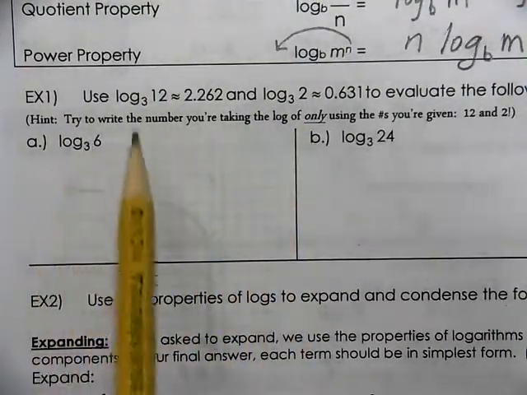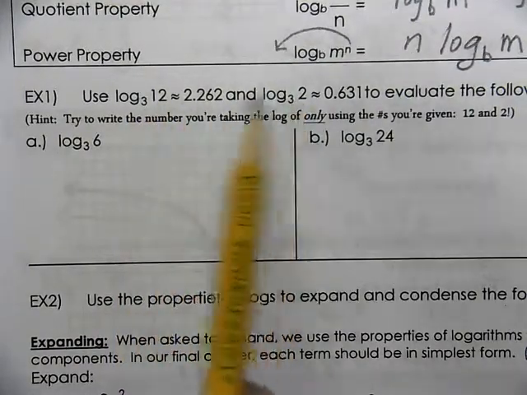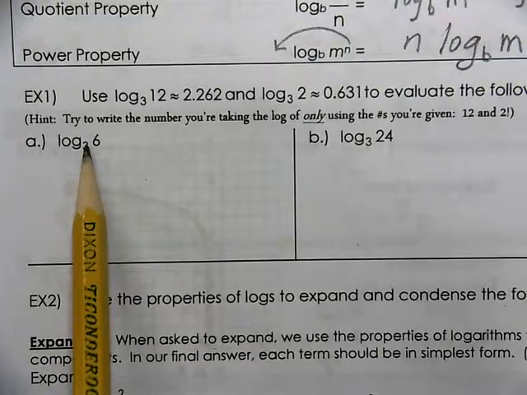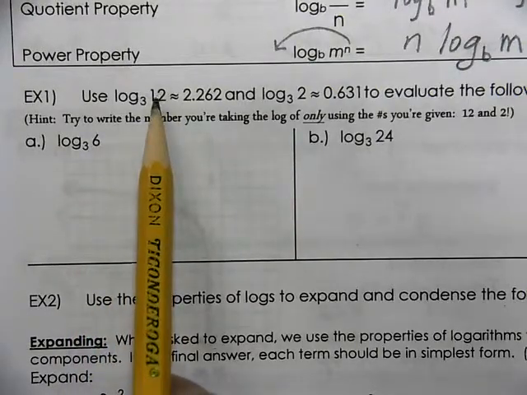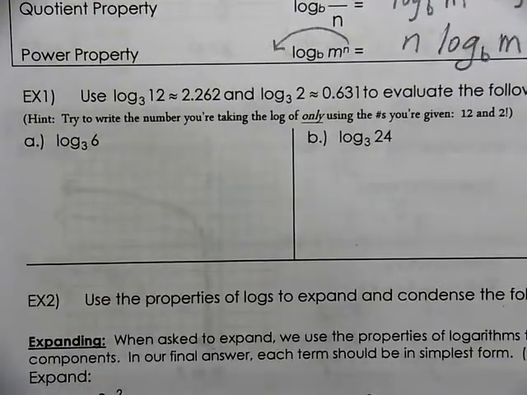The main thing we're noticing is the 12 and the 2. Since the bases are 3's, can I use my 12 and the 2 to equal a 6? How can you use 12 and 2's to make a 6?